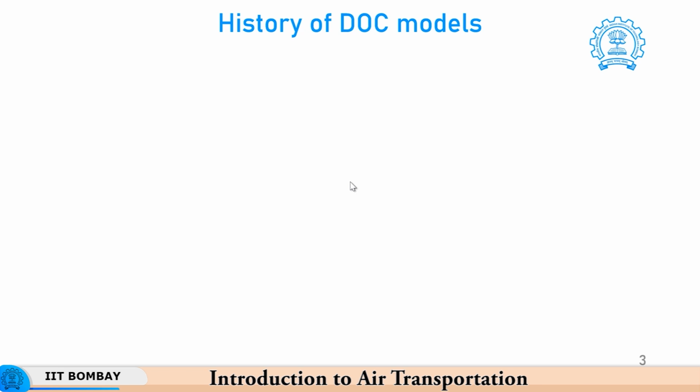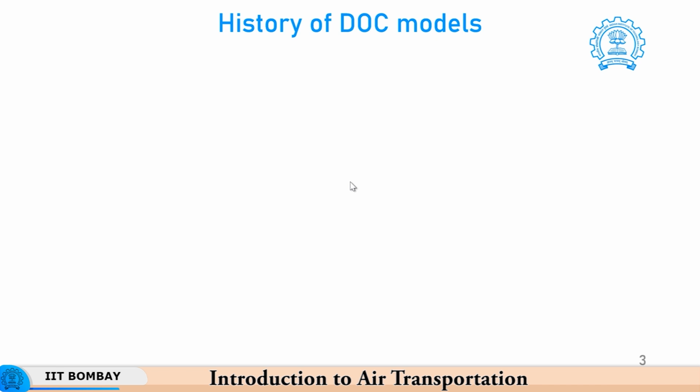There have been several models proposed to estimate the DOC. The main reason for providing a model for DOC estimation is to have a level playing field when we want to compare the operations of various airlines or even the same airline on various routes.